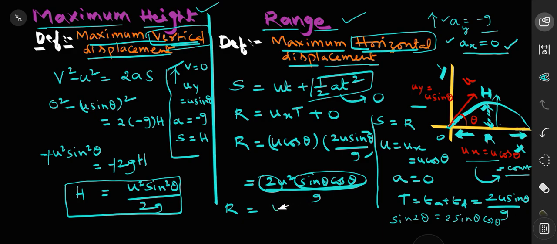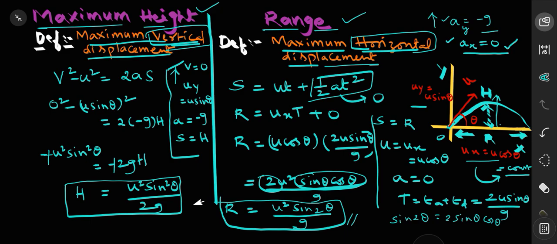So r is equal to u square sin 2 theta divided by g. This is the expression for the range of a projectile.